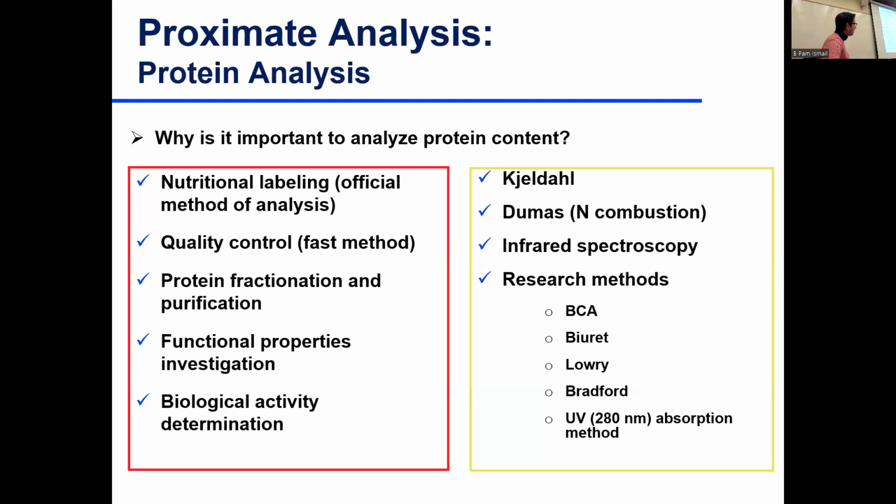In the lab, you're going to do a Bradford assay, but on a protein isolate powder. Although it has other potentially interfering substances, it is a purified protein ingredient. You will learn that assay in the lab, but you will be doing Kjeldahl and Dumas to determine protein content in your different assigned food samples.